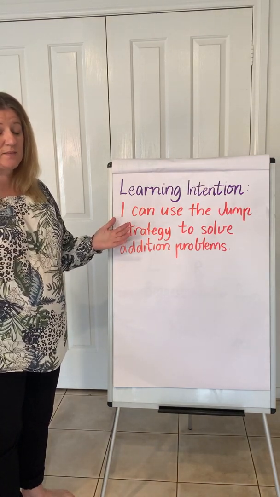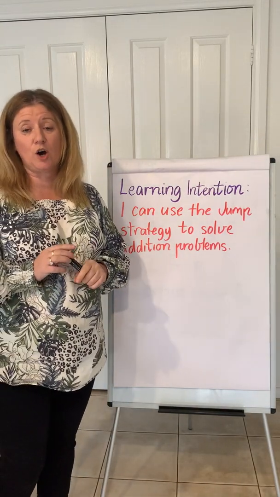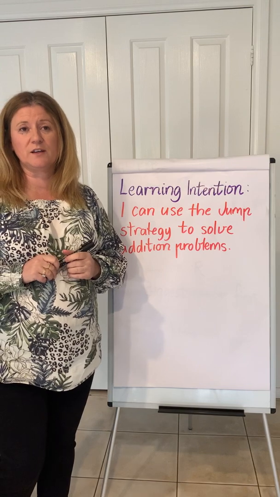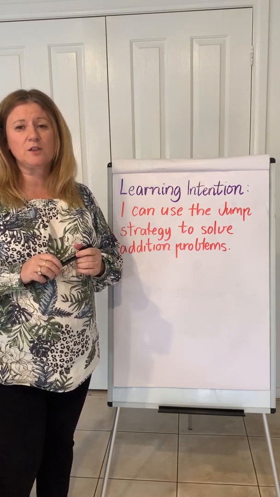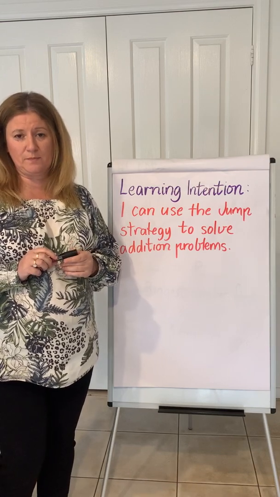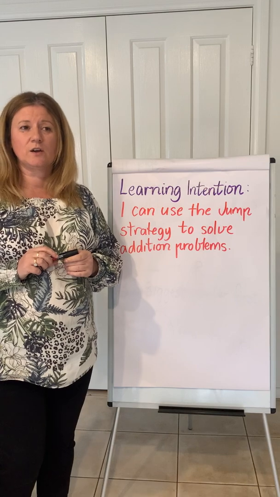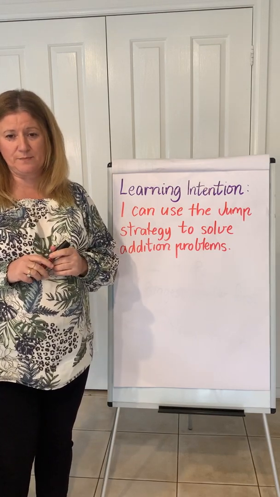Let's find out. On the next slide, there are 3 columns of addition problems. What I'd like you to do is pick the column that you think you would be comfortable doing. Column 1 is the easiest. Column 3 is the hardest.